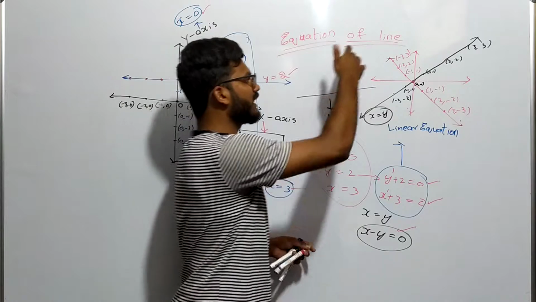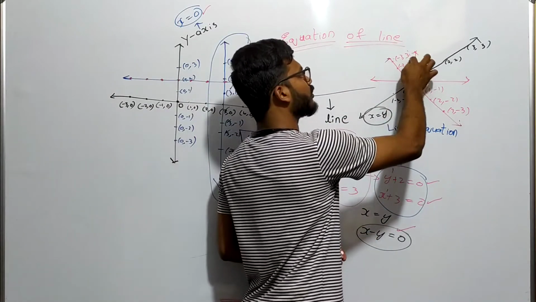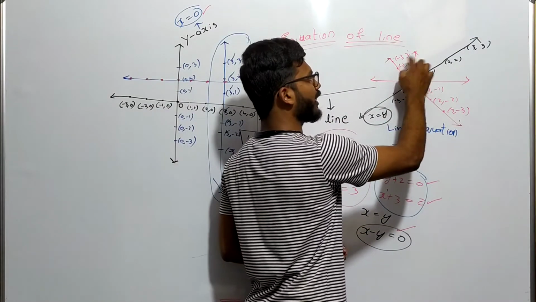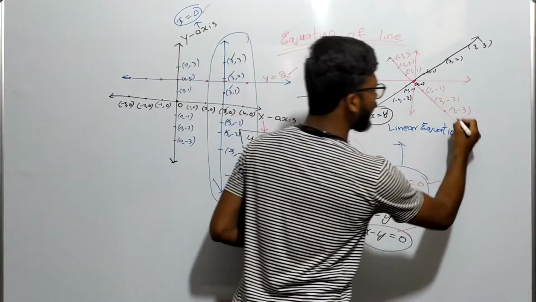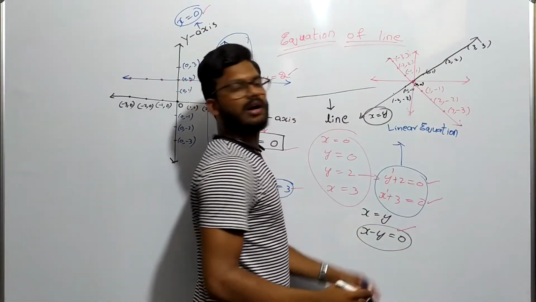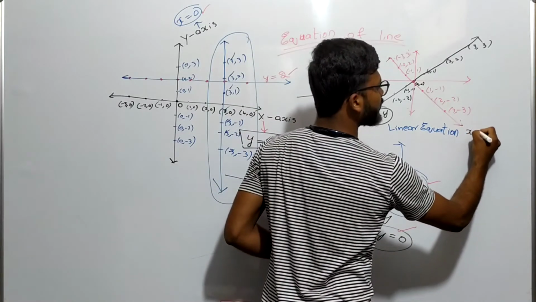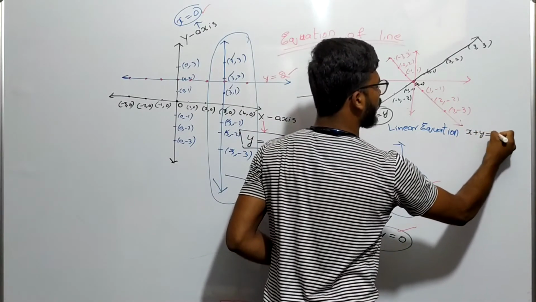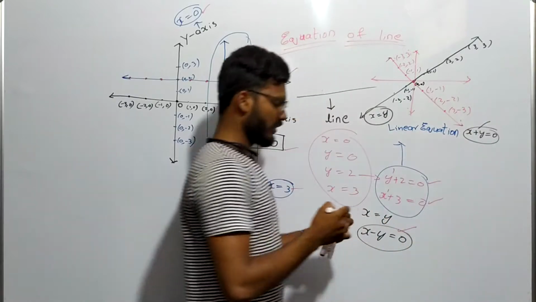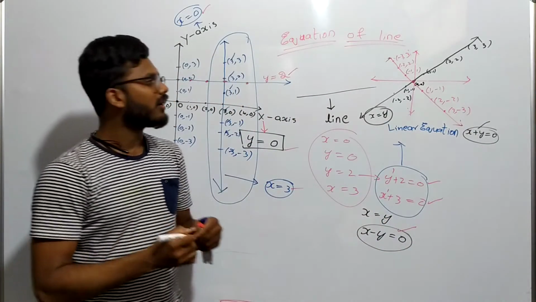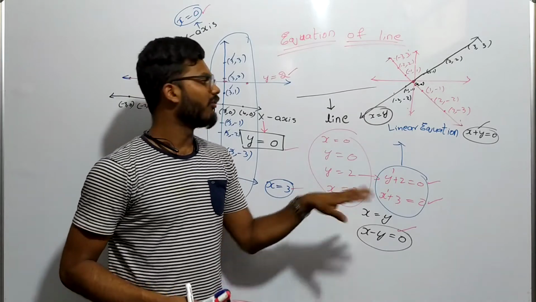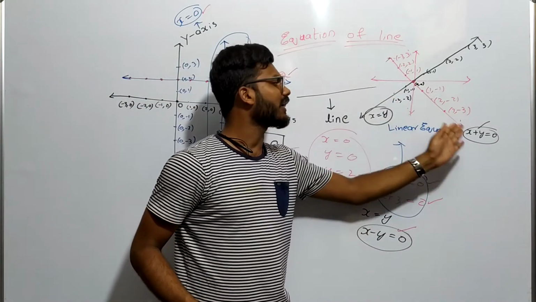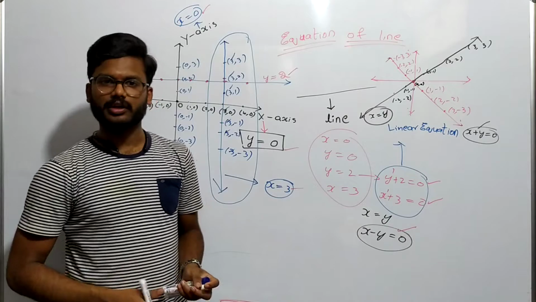If we add these two, we will get 0. Minus 3 plus 3, 0. Minus 2 plus 2, 0. Minus 1 plus 1, it is 0. So can I say all the points on this line satisfy this condition, x plus y equal to 0? Yes, right? All the points on this line satisfy the condition x plus y equal to 0. So we can name the equation of that line as x plus y equal to 0.